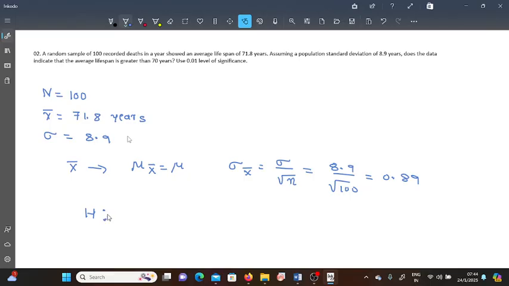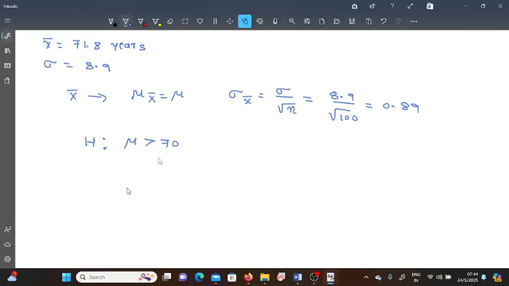Now I will consider the hypothesis H. The hypothesis H is that the population mean is greater than 70 years. That means mu is greater than 70 years. Now let us calculate the value of Z, that is Z is equal to x bar minus mu by sigma x bar.